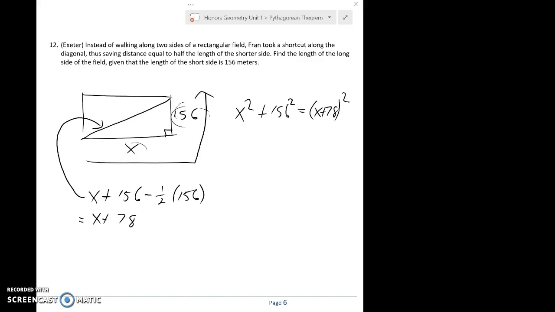I went ahead and did the calculations before I started writing this out just to save some time, but when I start to simplify this, I have x squared plus, and 156 squared comes out to be 24,336. And then the x plus 78 quantity squared, remember, you got to go through and either do a FOIL method or a box method. It's really just the distribution property, but you end up with x squared plus 156x plus, and then 78 squared is 6,084.